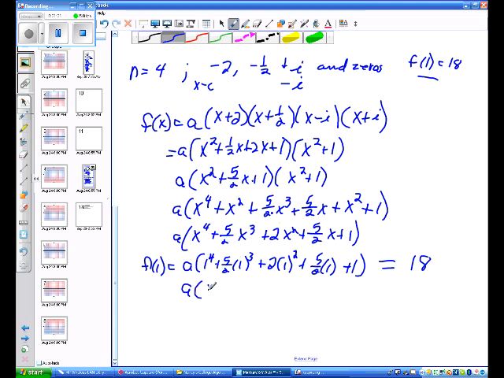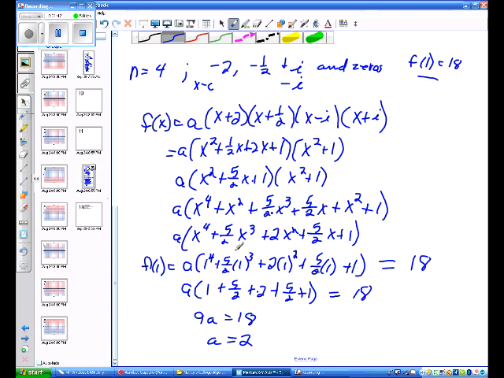So a times this would be 1 plus 5 halves plus 2 plus 5 halves plus 1. If we add this up, 5 halves plus 5 halves is 10 halves, or 5, plus 1 is 6, plus 2 is 8, plus 1 is 9. So we have 9a equals 18, so a equals 2.